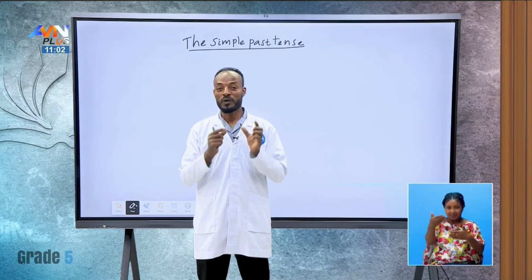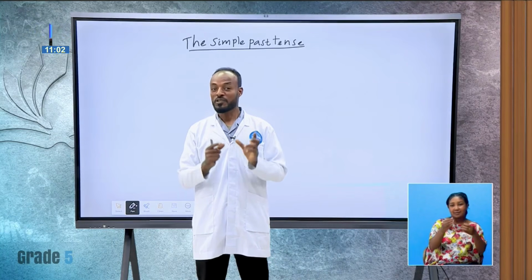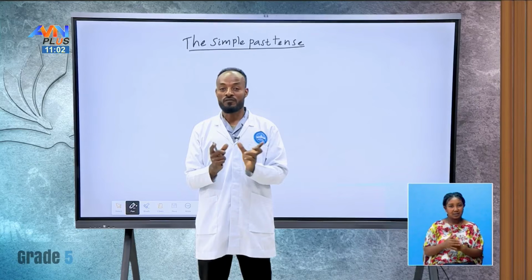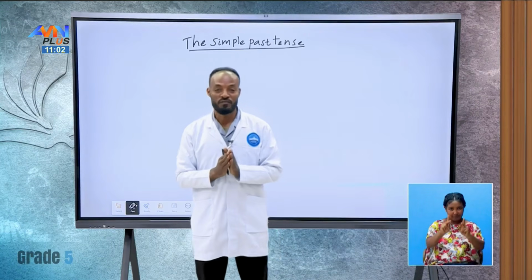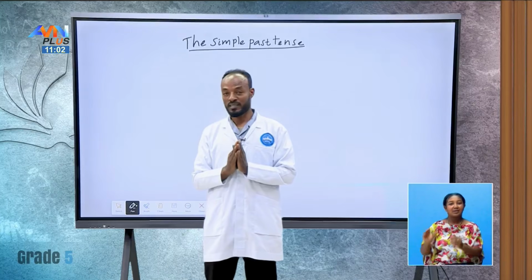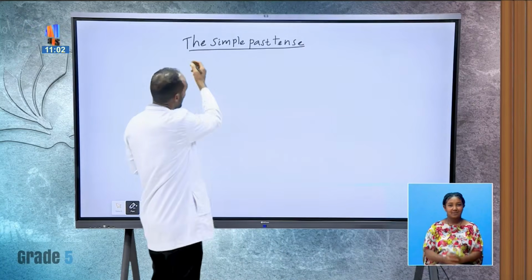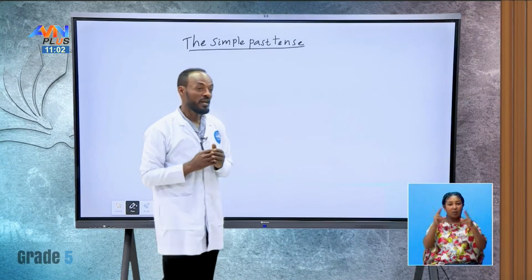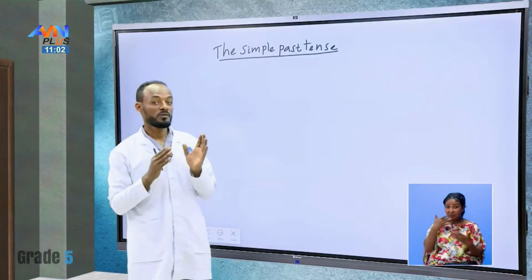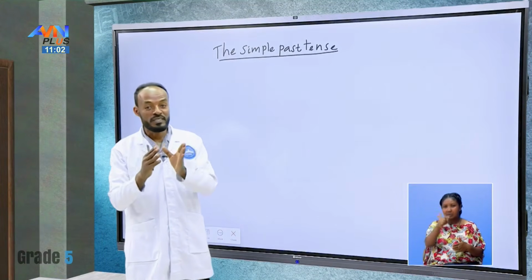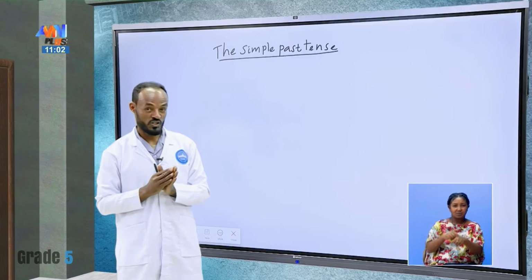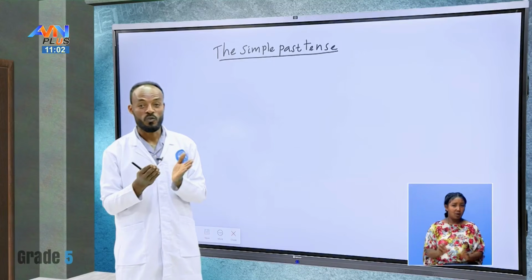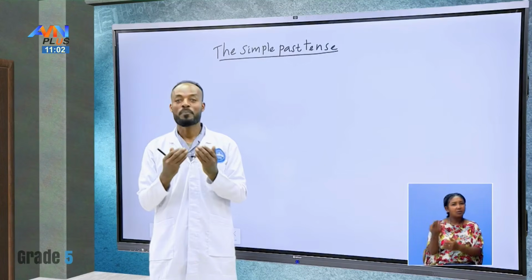Then you are going to make sentences using the words which will be given. Is it clear? Very nice. Students, I hope this topic is not new for you because you simply use the simple past tense in your daily speech. Is it clear?